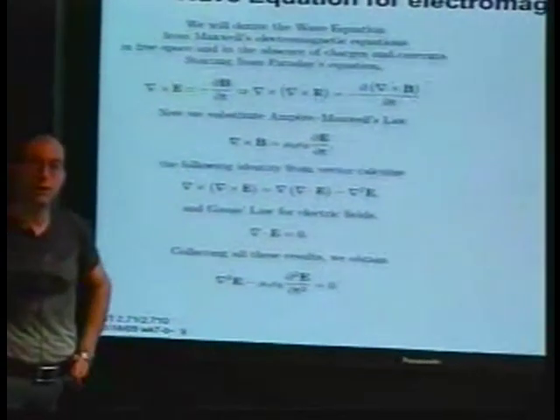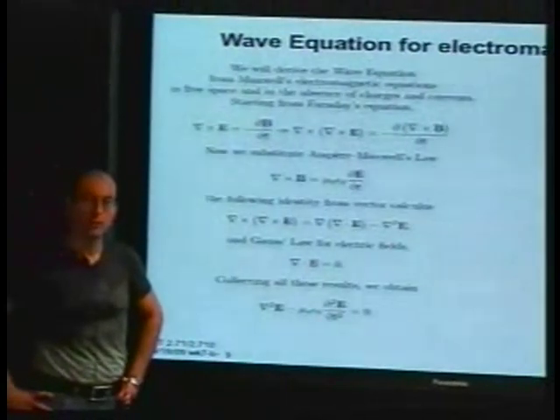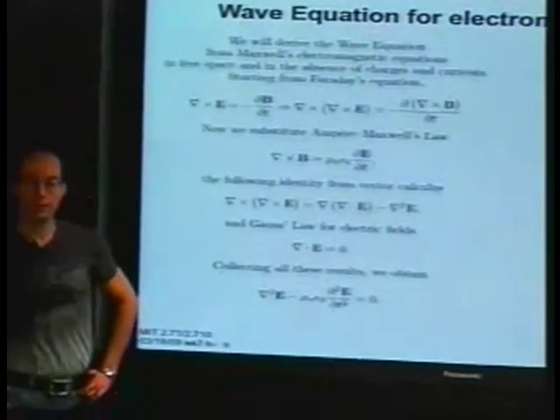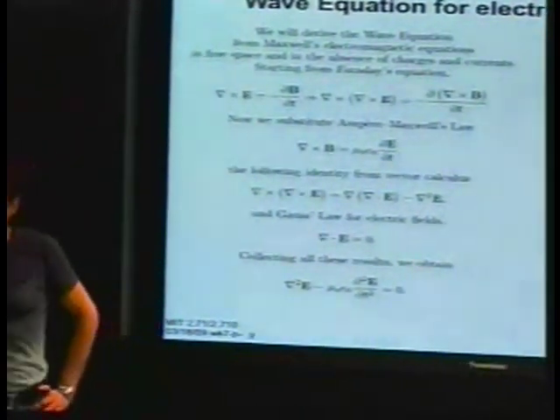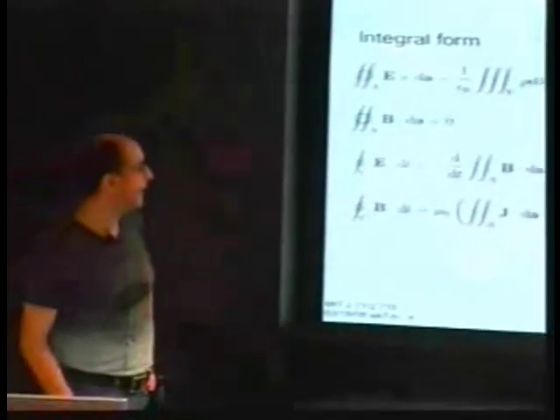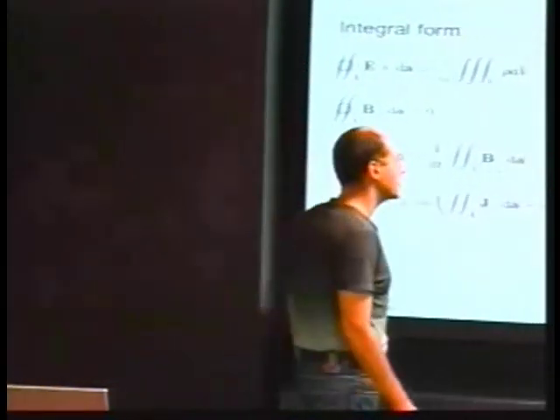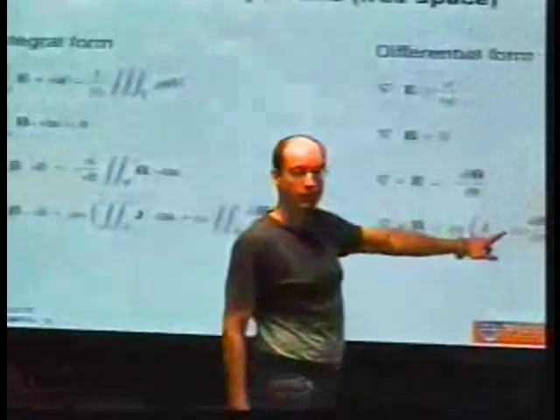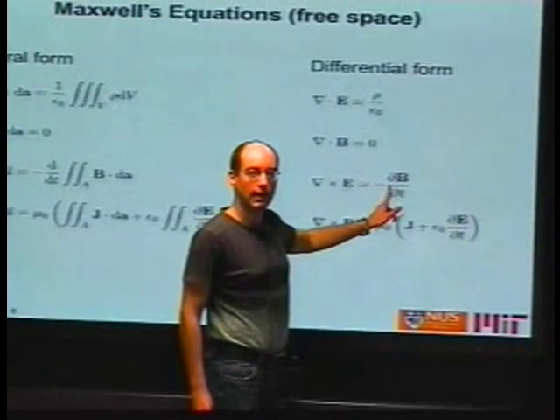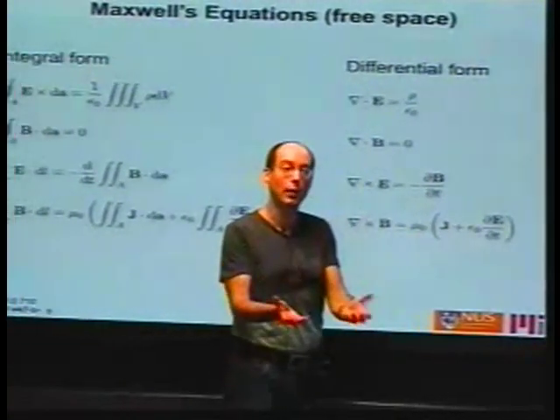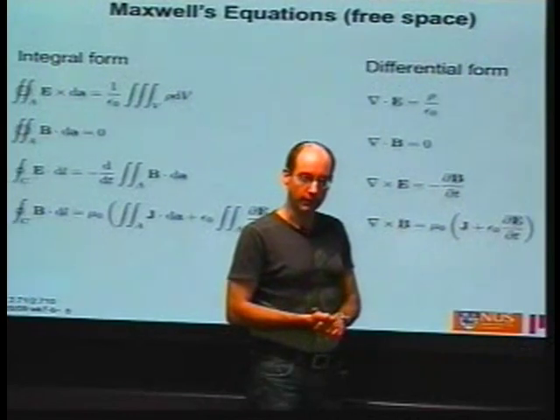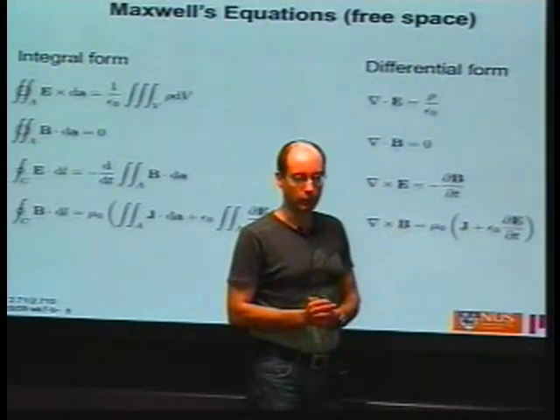I did it here for the electric field, but you can also derive the same equation for the magnetic field. So what this means is that if you have electric and magnetic fields which change in time, Maxwell's equations tell you that they change in a coordinated way. And the way they change results in an electromagnetic wave.